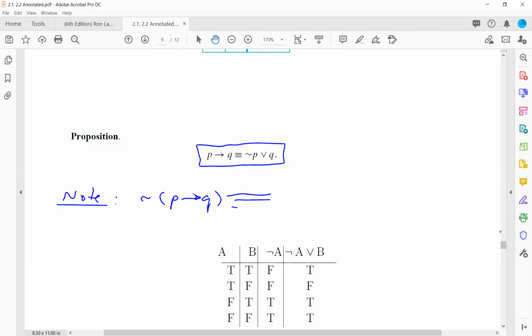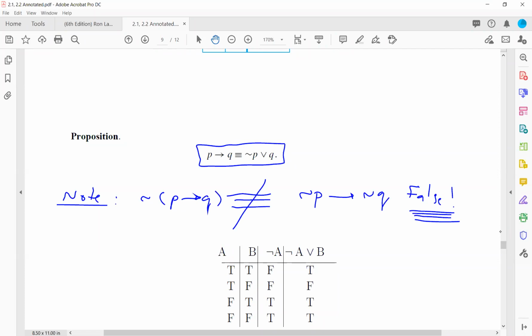It is not the same as not P then not Q. Be careful. The negation of P then Q is not P then not Q. It is false.